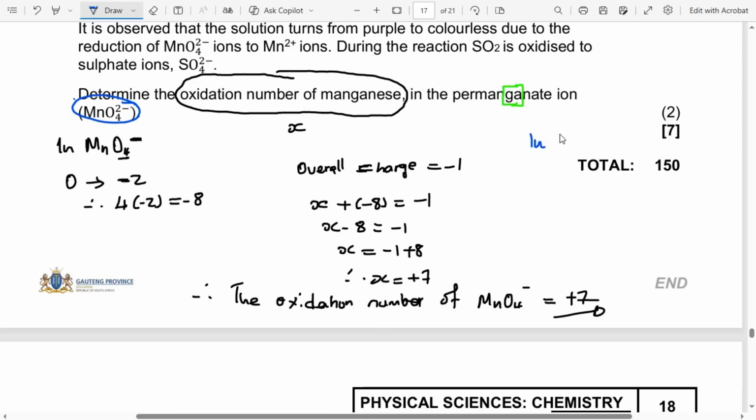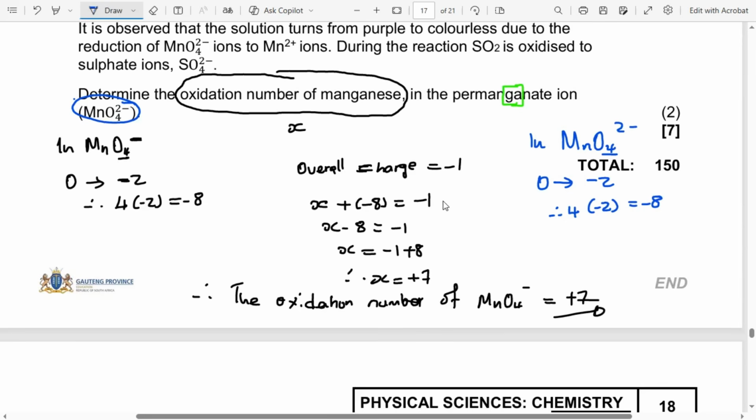In MnO4 2 minus, we know that the oxidation number for oxygen is minus 2. There are 4 of them, O4, so we multiply 4 by minus 2 and get minus 8.